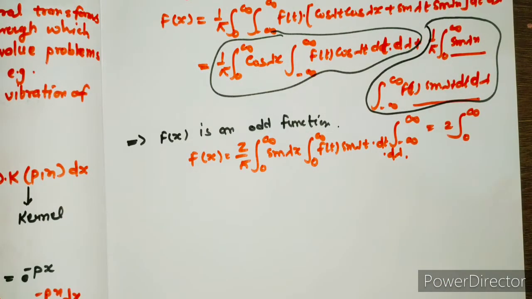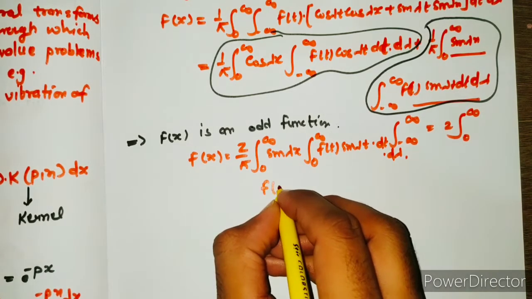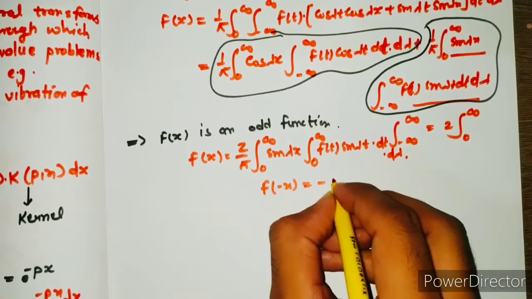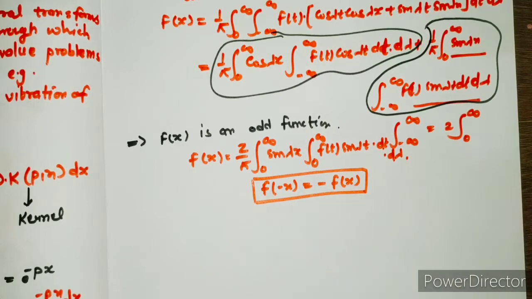How do we check whether the function is odd or even? Put f(minus x); when you find it equals minus f(x), this is an odd function.